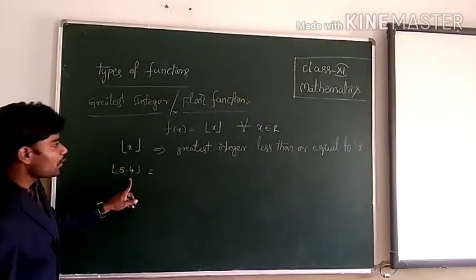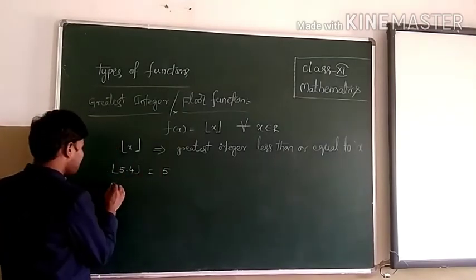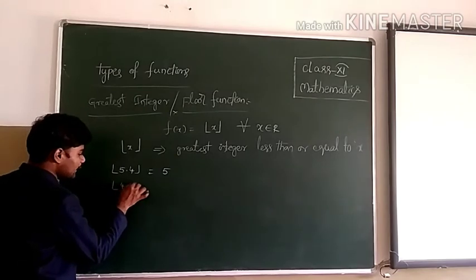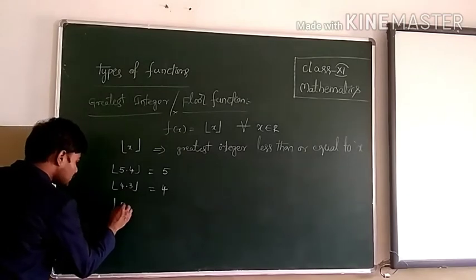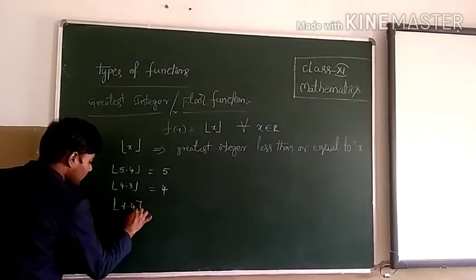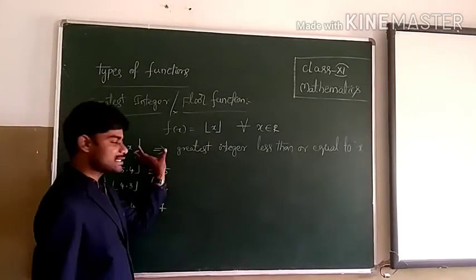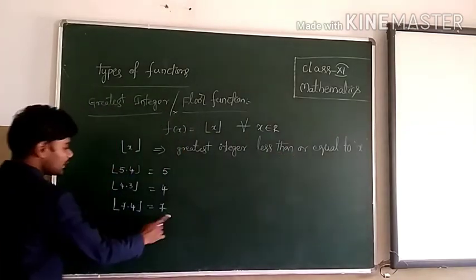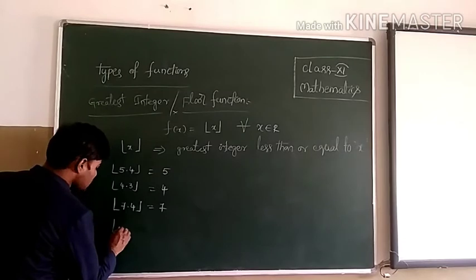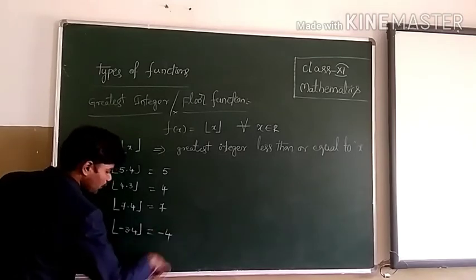Suppose you take negative values, like minus 3.4: the greatest integer less than or equal to minus 3.4 is minus 4, right?